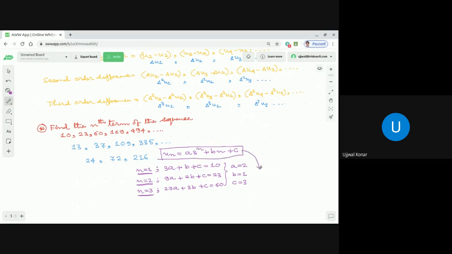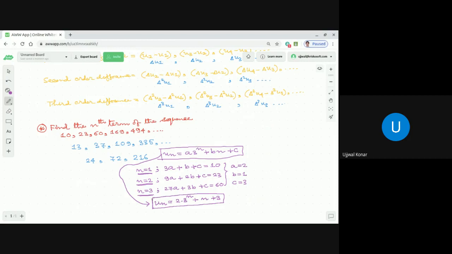The nth term is Un equal to 2 into 3 to the power n plus n plus 3. Correct, no? That is the nth term.